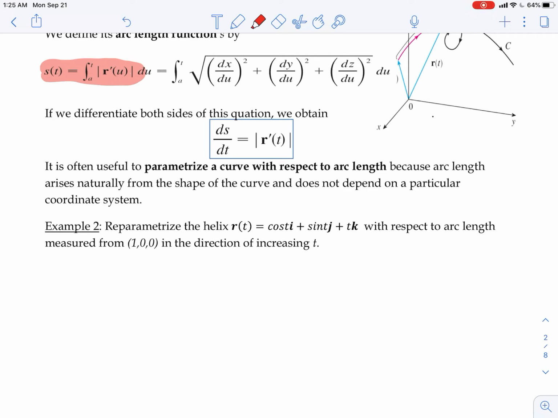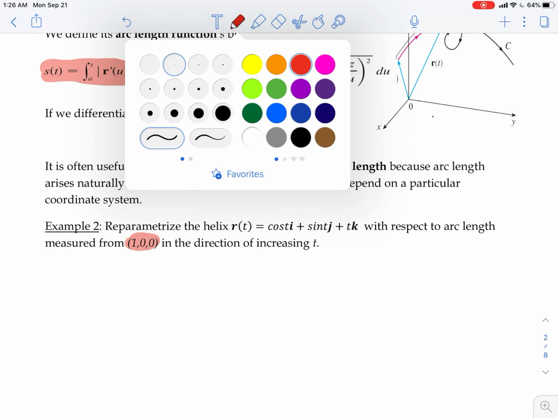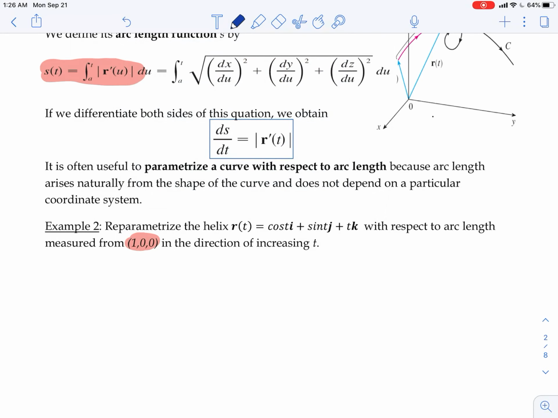We want to parameterize the helix r of t is equal to cosine t i plus sine t j plus t k with respect to arc length measured from (1, 0, 0) in the direction of increasing t. So we're going from a certain point, and this point gives us a starting value for t. We need to figure out where we're starting.